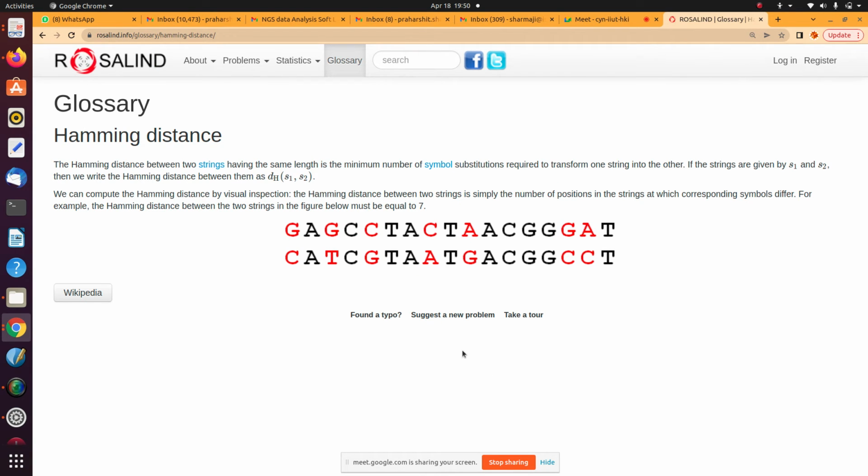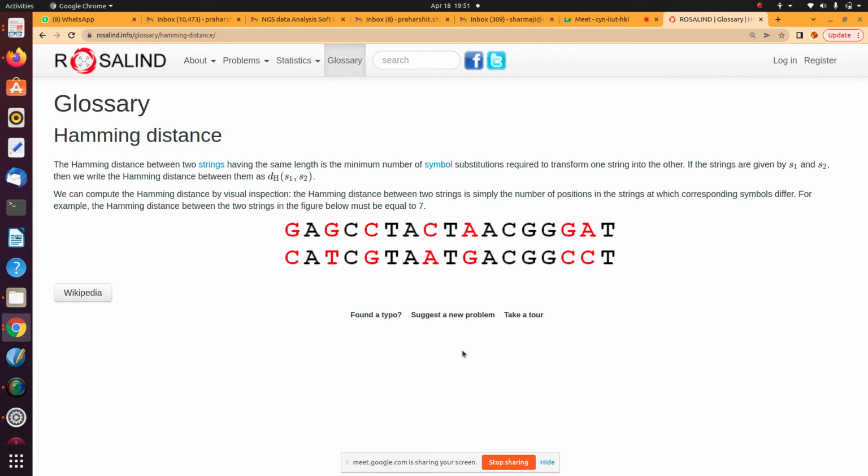Yes, Dr. Paddy. The Hamming distance between two strings having the same length is the minimum number of symbol substitutions required to transform one string into the other. If the strings are given by S1 and S2, then we write the Hamming distance between them as delta DH, dH(S1, S2).